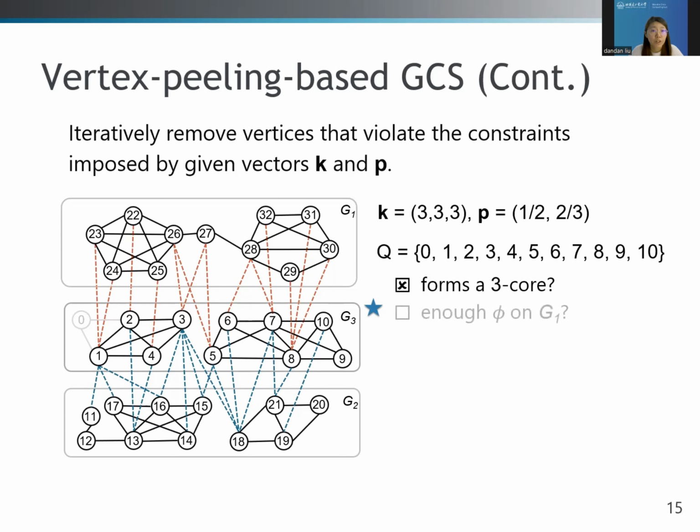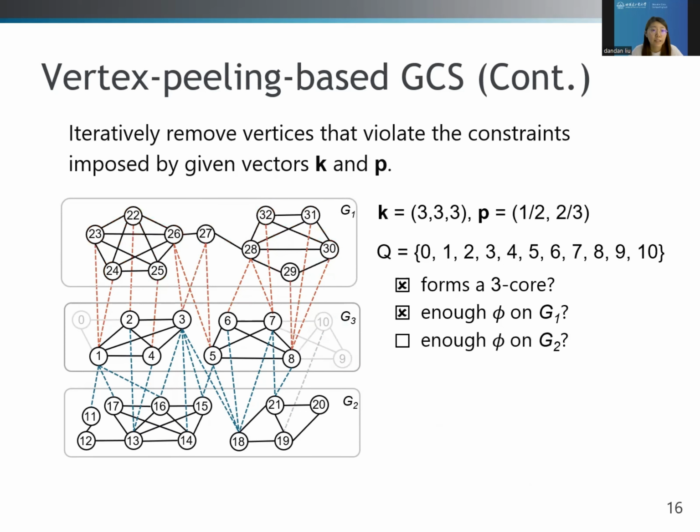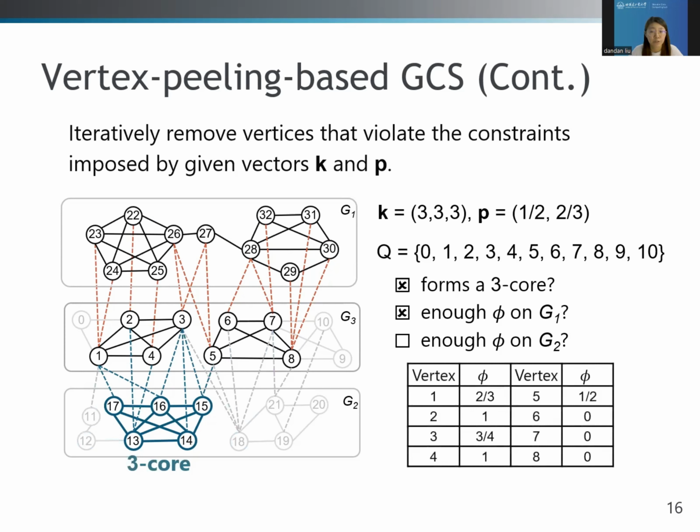Moving forward, we check whether vertices in Q have sufficient neighbor coverage fractions on G1 and G2. For G1, we compute the cross-layer neighbors of Q and extract the 3-core from it. By examining the vertices' neighbor coverage fraction within the 3-core, we notice that vertices 9 and 10 fail to meet the threshold specified by P, so they are removed from Q. Then for G2, we compute the remaining vertices' cross-layer neighbors, derive the 3-core, and check the neighbor coverage fractions.